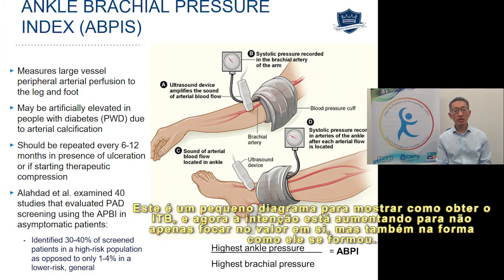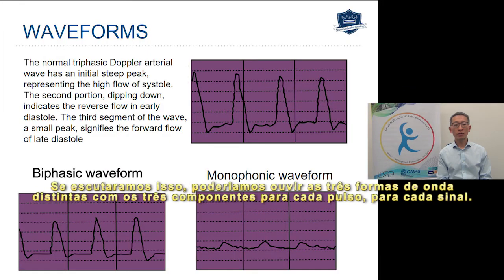So this is a nice little diagram to show you how we obtain the ankle-brachial pressure index. And now I think there is increasing attention to not just focusing on the value itself, but also focusing on the waveform. So if you listen to this, you can actually distinctively hear the 3 distinct components for each pulse.